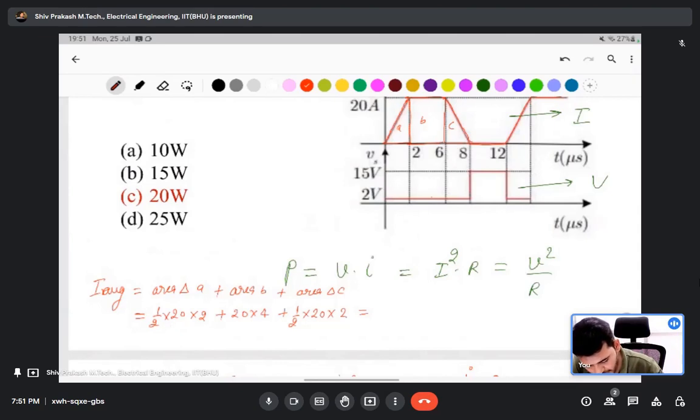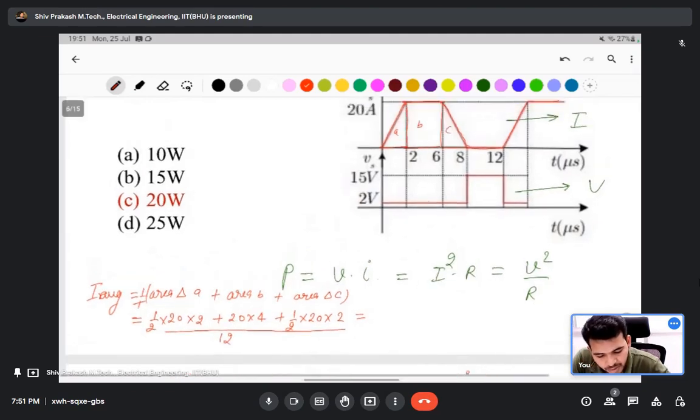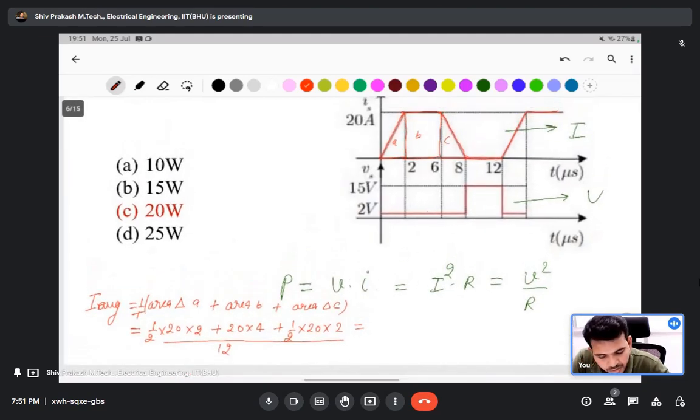Divided by the average. You find the area, then divide by the total time period. If you want the average, it is area of that divided by total time period. Total time period is 12 microsecond. Here there are no power losses between 8 microsecond to 12 microsecond because the current is 0.